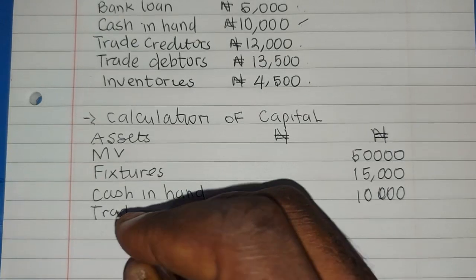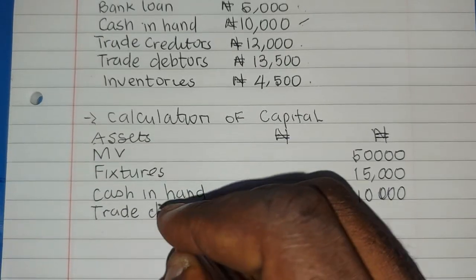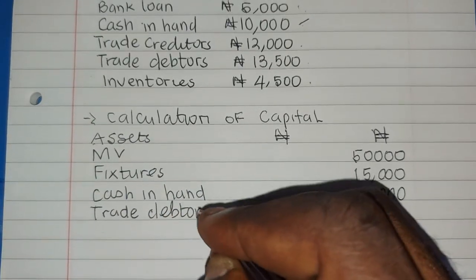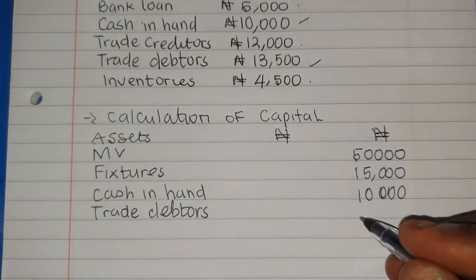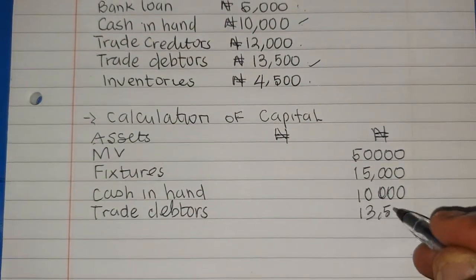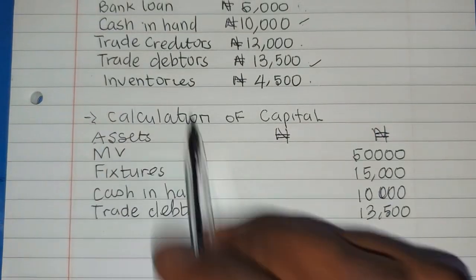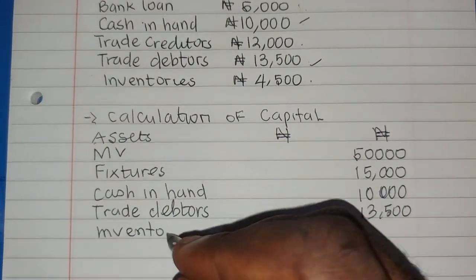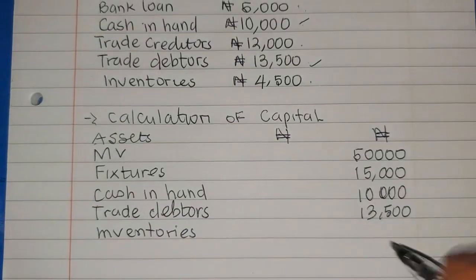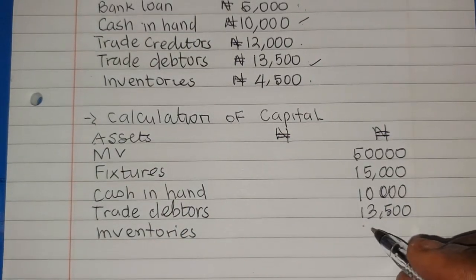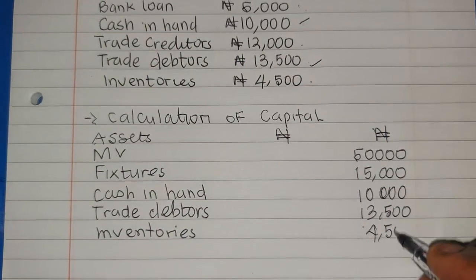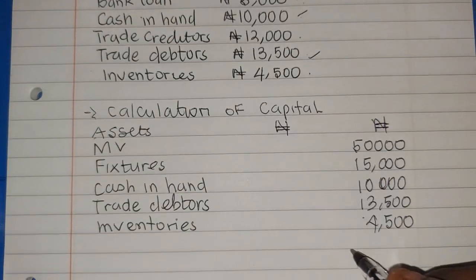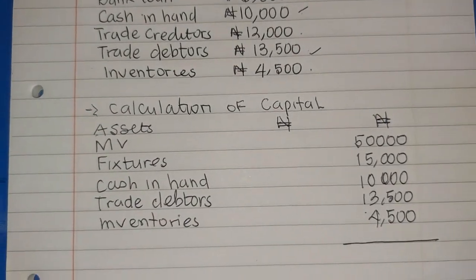Trade debtors, that's 13,500. Okay, then inventories is also an asset, and that is 4,500. So for our assets, you get the total assets.